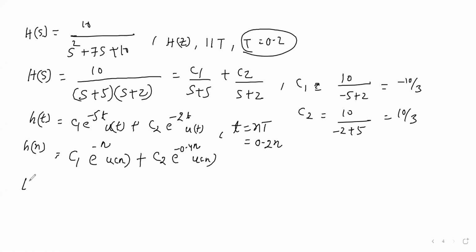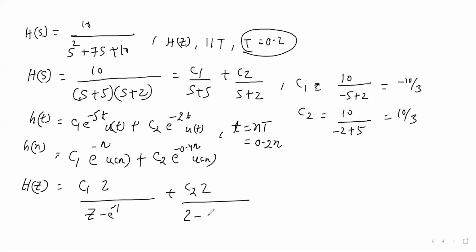If you find the Z transform, what will you get? H of Z equals C1 Z divided by Z minus e to the power minus 1 plus C2 Z divided by Z minus e to the power minus 0.4.